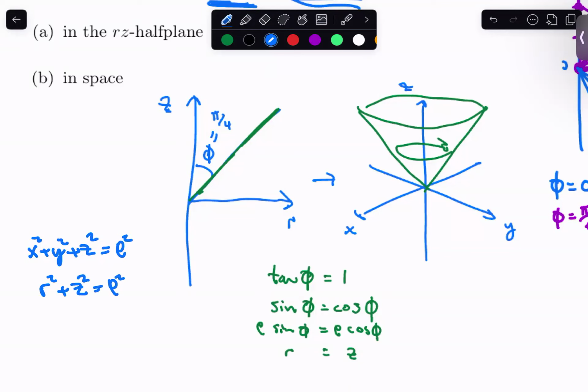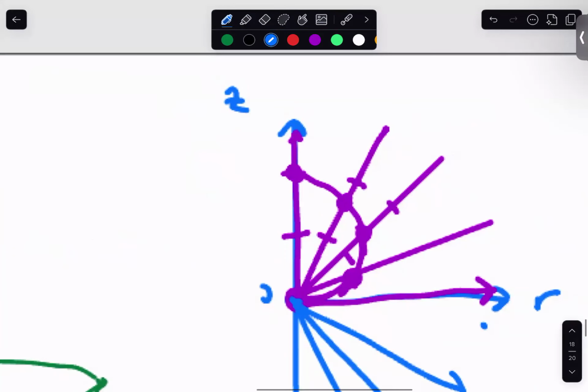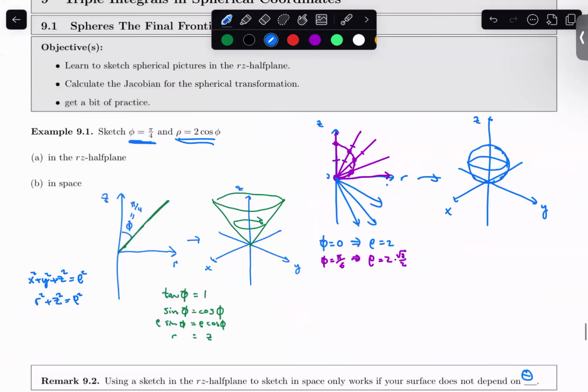So essentially, your rho squared is now a radius from the origin of your RZ half plane. So again, kind of when we did this one here, we plotted different phi values, and then rho was how many steps we should be taking away from the origin.